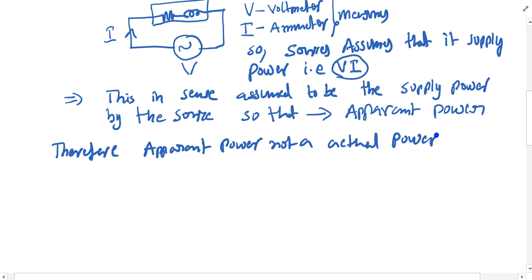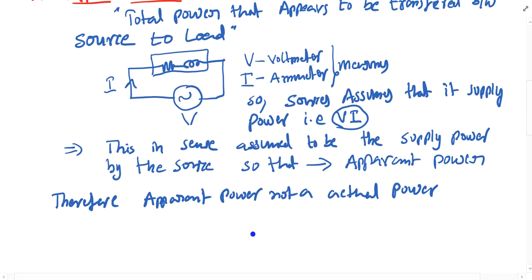So whatever power is measured by my voltage and current, that is nothing but P equal to V into I. My voltage source assumes that V into I is the power it is able to supply. That is the assumption taken by my voltage source, but this is not an actual power. So this is apparent power.